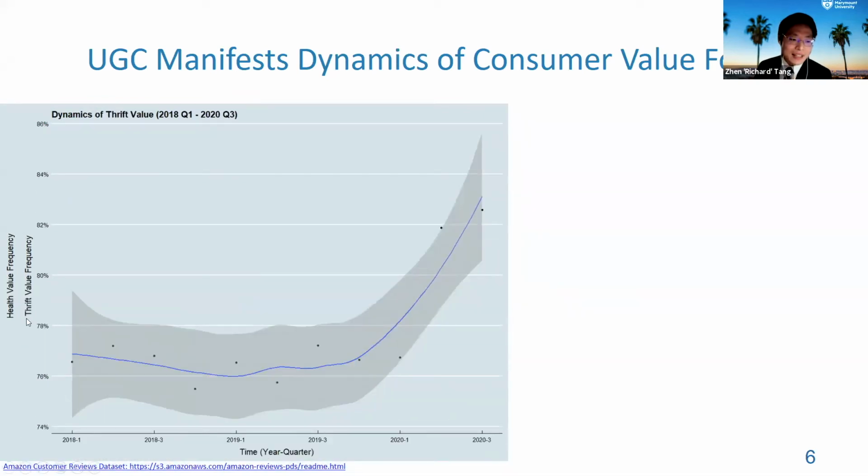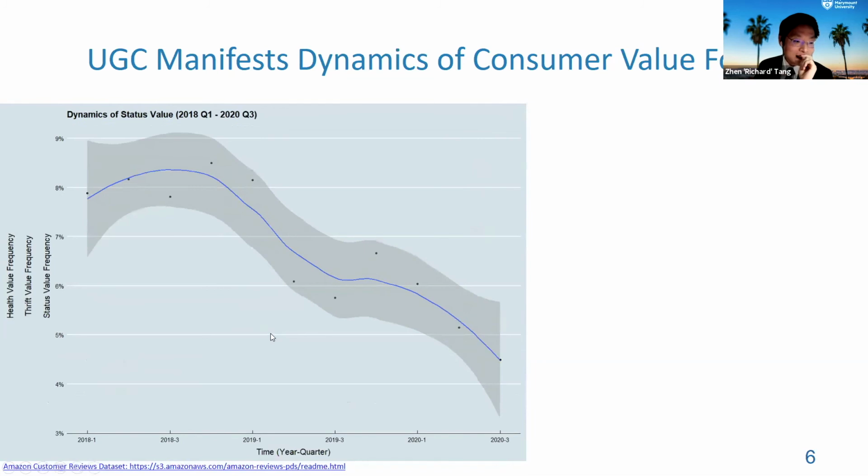Similarly, another value is thrift. Nowadays, the pandemic imposes a lot of limits on our disposable money, right? Therefore, everybody tries to get the best value from every penny they spend. Therefore, thrift is another concern the advertising company cares about.